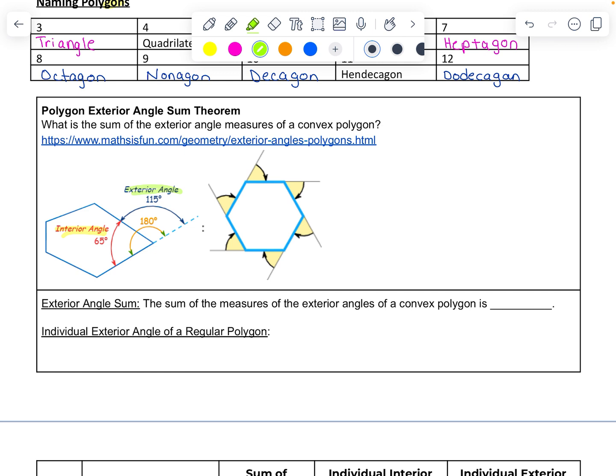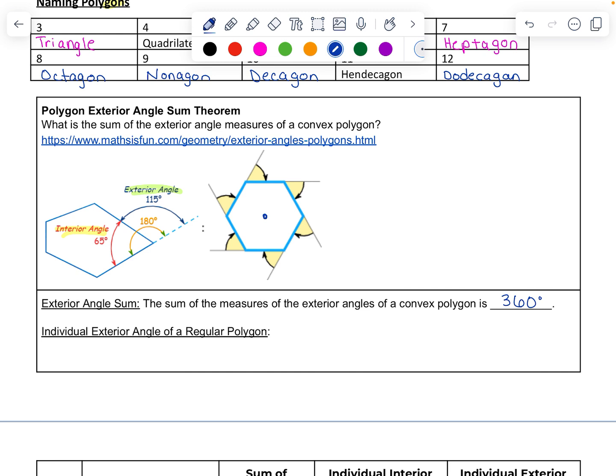This is a video, and I'm sure you're not going to type in that website, but this video shows as these angles get closer and closer together, as they come together, it makes a perfect circle. And so, because it makes a perfect circle, the sum of the exterior angles of a polygon is 360 degrees.